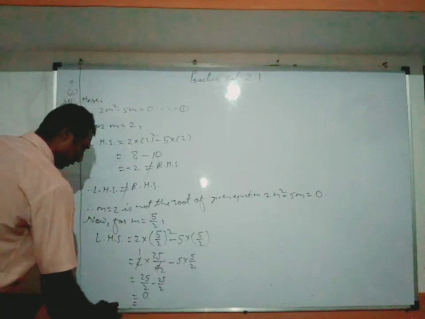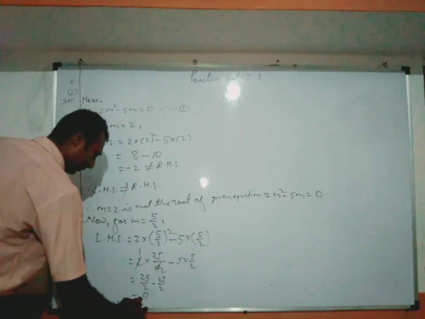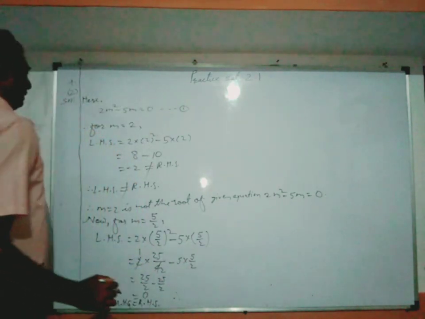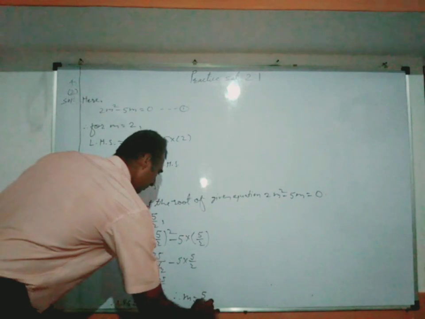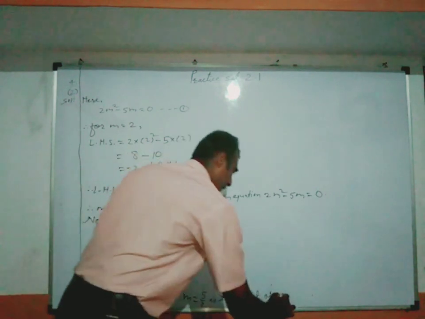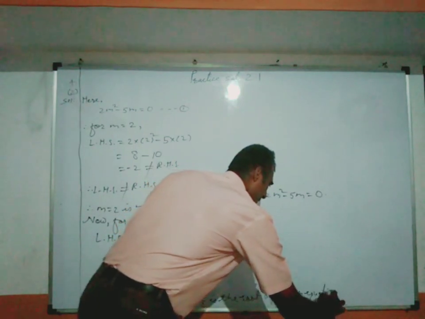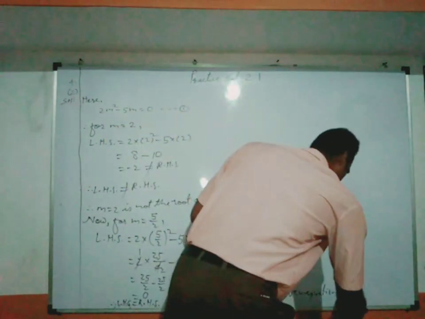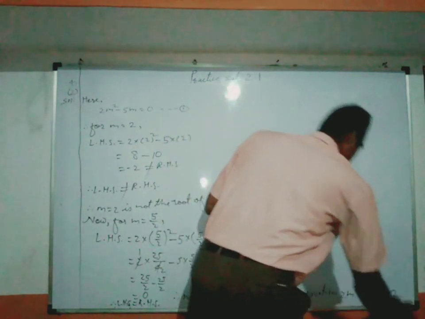Therefore LHS equals RHS, and therefore m equals 5 by 2 is the root of the given equation, 2m square minus 5m equals 0.